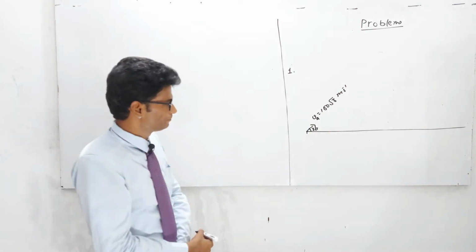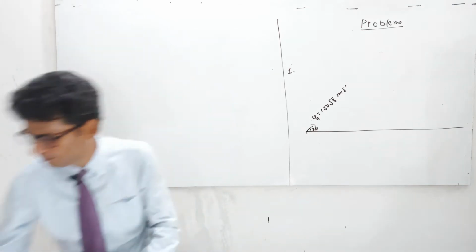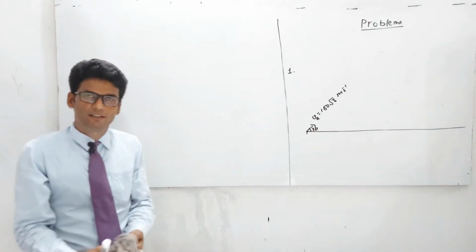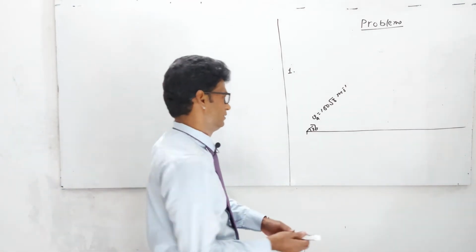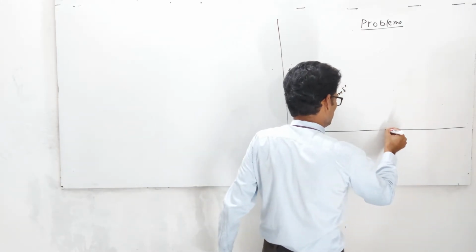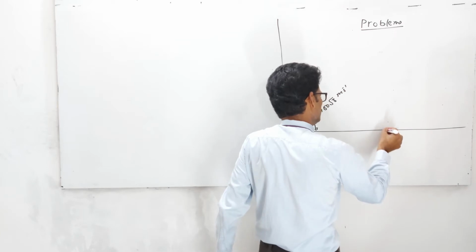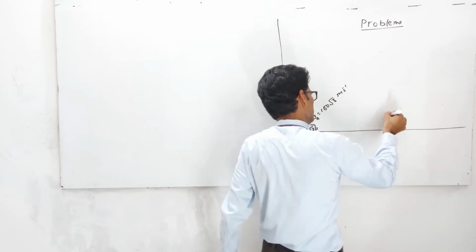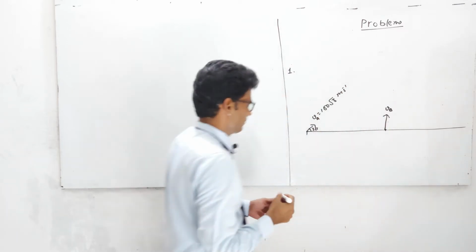At the same time, another plane B, in fact aeroplane B, headed at 60 degree, say with the speed VB.